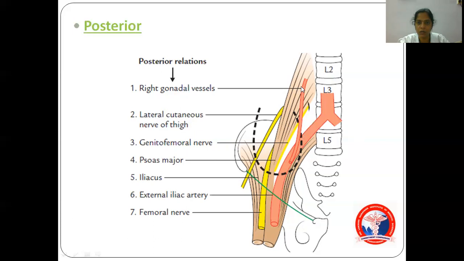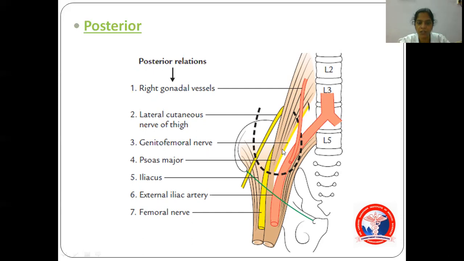Then you can see one more vessel, the right gonadal vessel, because on the right side only the cecum is there. So only the right gonadal vessel forms a relation posteriorly. This right gonadal vessel arises from which vessel? It's from the abdominal aorta. So here you can see the right gonadal vessels and external iliac artery related posteriorly.